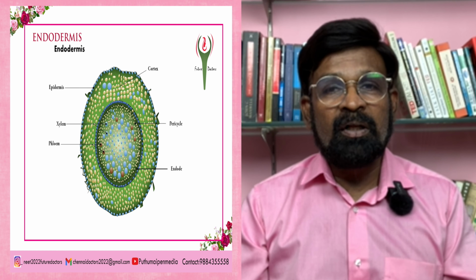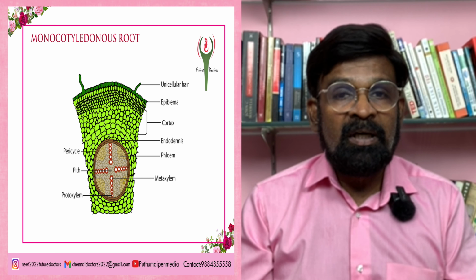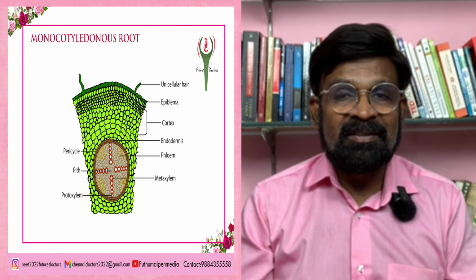The cells are thin-walled and enclose intercellular spaces. The cortex provides for radial movement of water and minerals from the epiblema to the root interior. Endodermis. It is single layered and made up of barrel-shaped cells which do not enclose intercellular spaces.